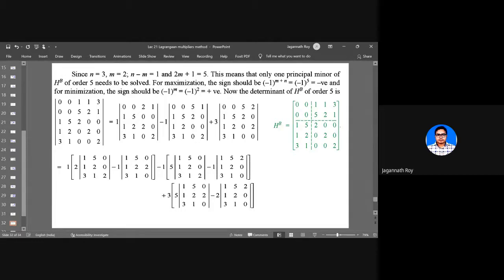So let us evaluate this principal minor, the determinant of order 5 by 5. Hand calculation is very difficult, but it has so many zeros, so this will be somewhat helpful.